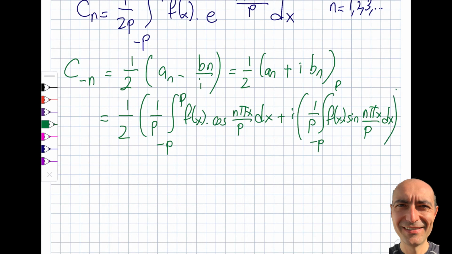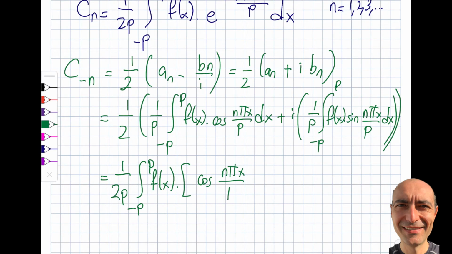Okay, and I need to close one more parenthesis. So I will do exactly the same approach, 1 by 2p, minus p to p. F of x is common between those two integrals. Then I will have cosine n pi x by p plus i sine n pi x by p dx.